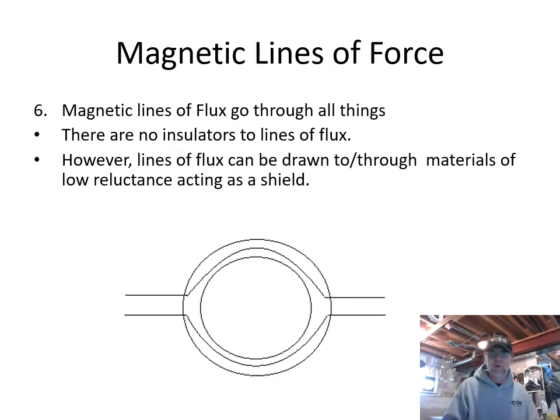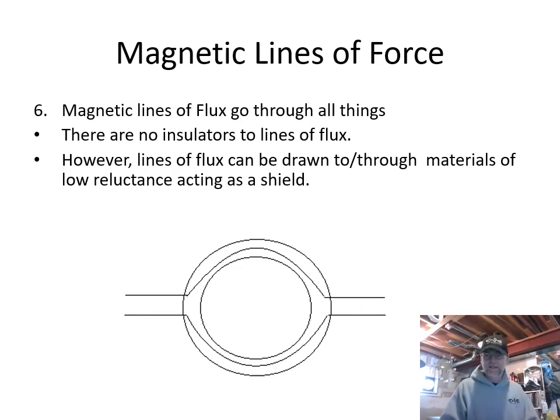What I've shown here is this circle is some type of ferromagnetic material, and the lines of flux are going to choose to follow that path. Where these lines of flux in air without any interference would be nice straight lines, just part of the symmetrical loop, we can see that these lines get distorted and warped and follow this path of least reluctance through whatever this ferromagnetic material might happen to be.